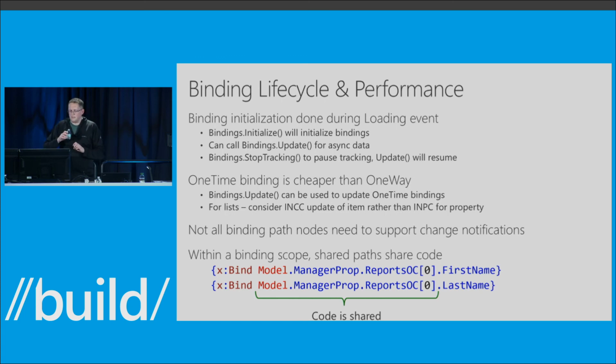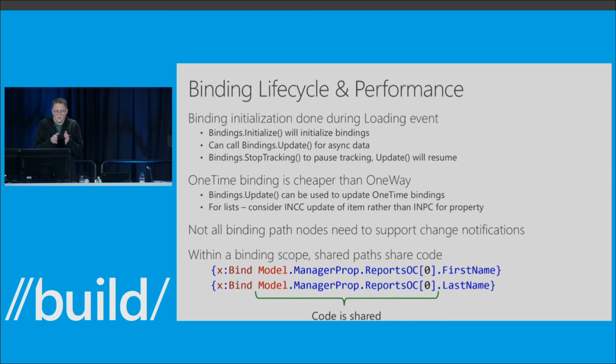The final one is a little bit complicated to explain. So we have the binding scopes. That's like our page, a user control, a data template. As we're processing this, what we do is we build up a graph of all the binding expressions, and then we process those as a whole. So in this case, I have two controls, one bound to a first name property, one bound to a last name property, and both share a long complex binding path.